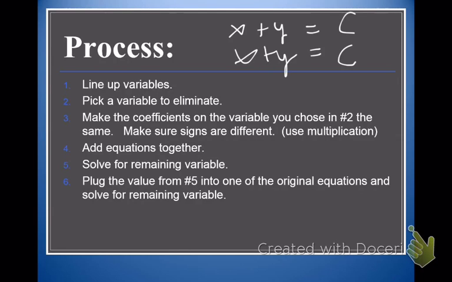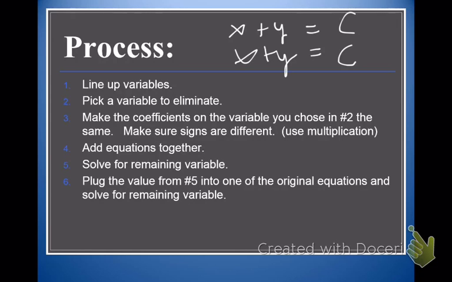And then you're going to pick a variable to eliminate, and you're going to hopefully at the end of this be able to pick out pretty quickly which variable might be the easiest to eliminate. But we're going to eliminate a variable. That's the elimination part. How do we eliminate the variable? We're going to make the coefficients on the variable you choose the same but different signs. So opposite. I'm going to keep saying opposite.